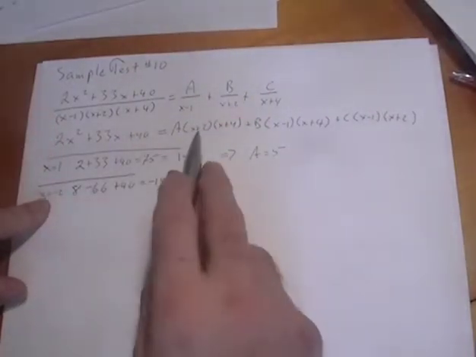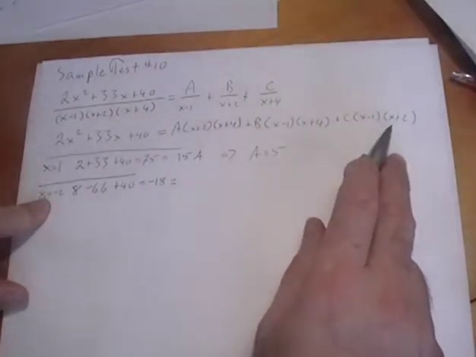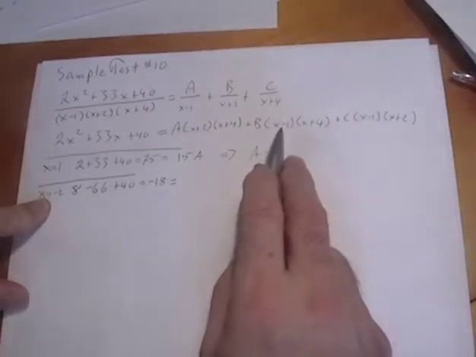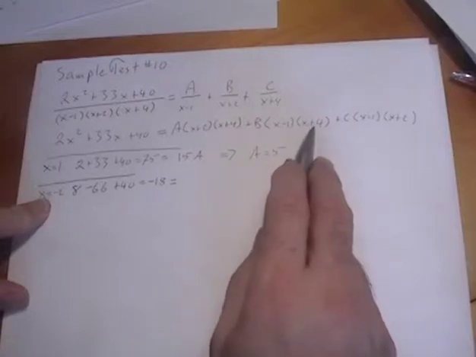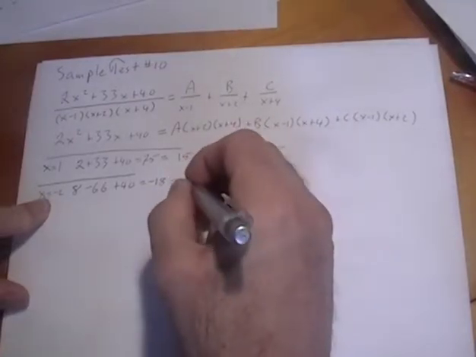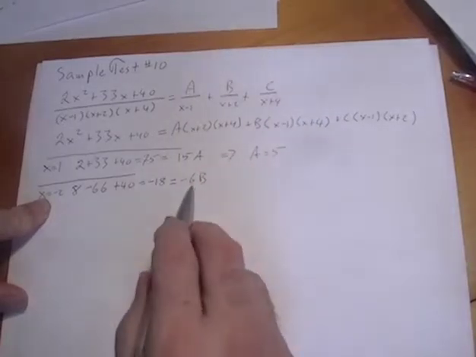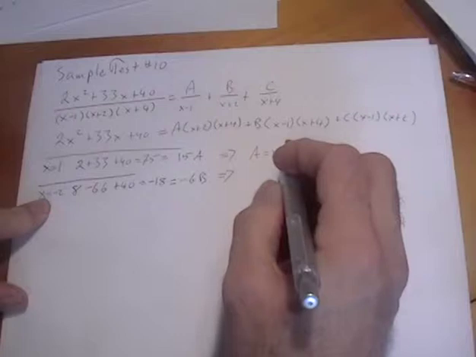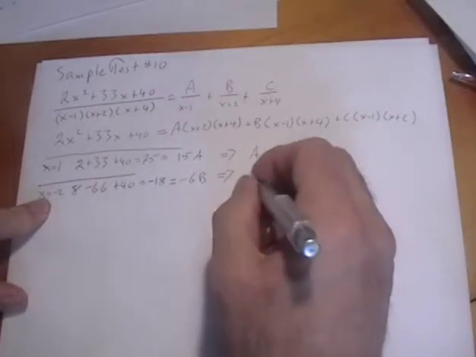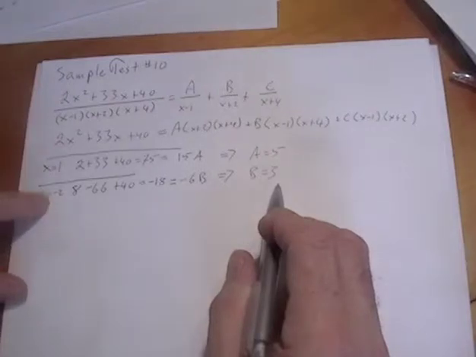Letting x be minus 2, notice that the A term cancels, the C term cancels. For the B term, I have minus 2 minus 1, that's a minus 3, times 2, this would be a minus 6B. Now if minus 6B is minus 18, then B is going to equal a positive 3.